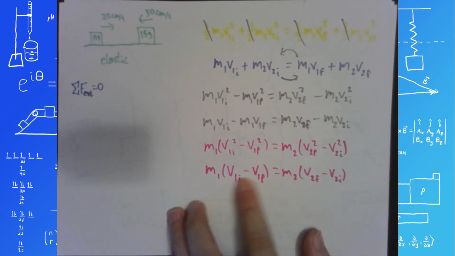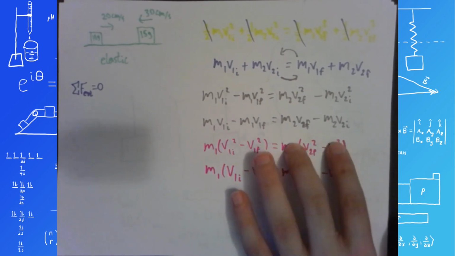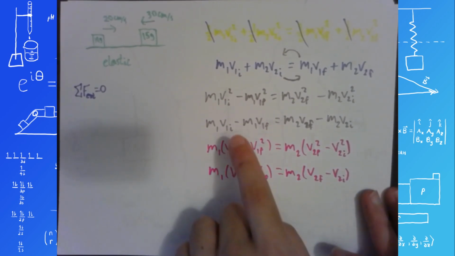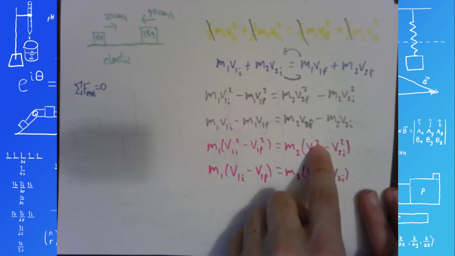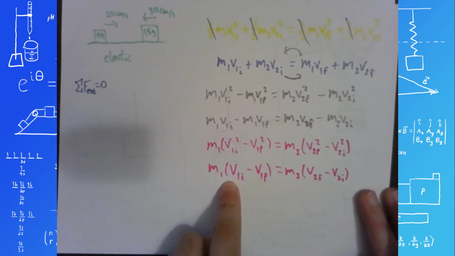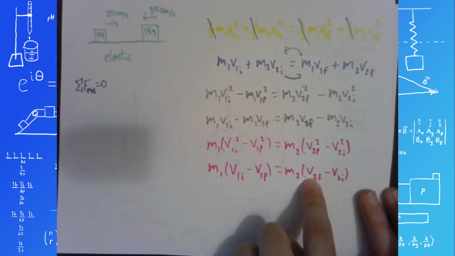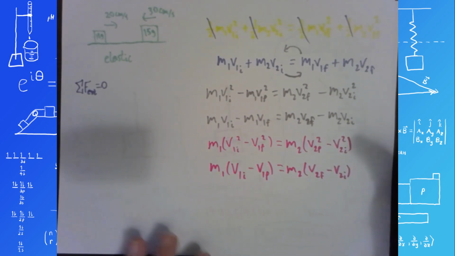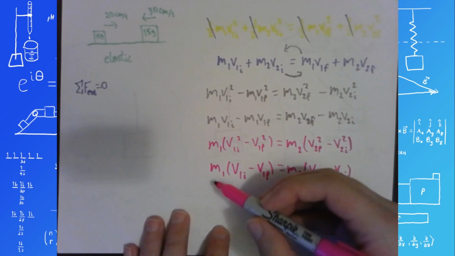This stuff divided by this stuff equals this stuff divided by this stuff. It makes sense when you think about it. If this is equal to this and this is equal to this, then this divided by this must be equal to this divided by this. It makes sense, just give it some thought.